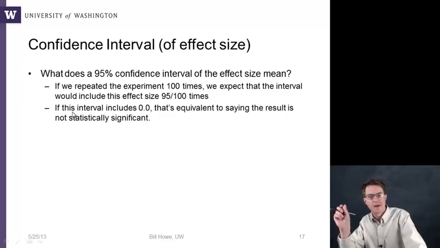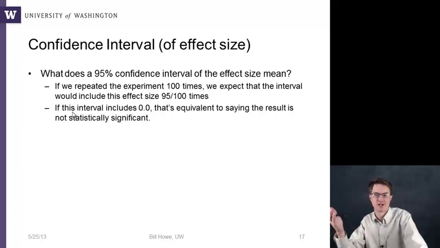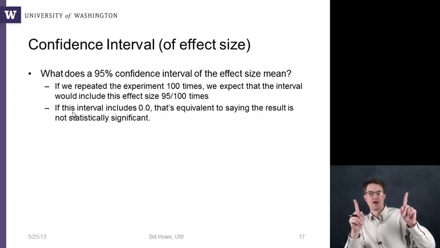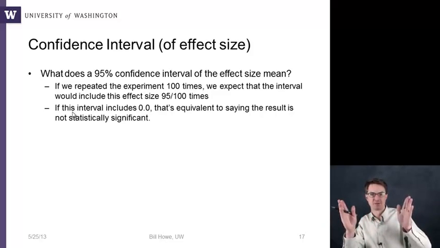And then finally, I'm not going to talk in too much detail about confidence intervals, but I do want to mention the confidence interval of the effect size, just to give you the intuition for this. An advantage is that these are maybe easier to interpret in terms of actual decision making. So what does a 95% confidence interval of the effect size mean? It means that if we repeated the experiment 100 times, we expect that interval to include the effect size measured in this experiment 95 out of 100 times.